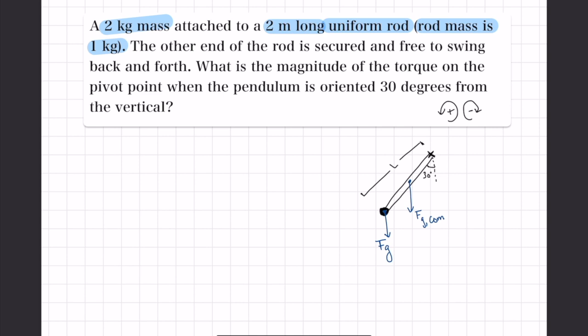But, so we'll just copy this stuff down. So we've got 2 kilograms, center of mass 1 kilogram, and our length is 2 meters, and we're solving for tau net.